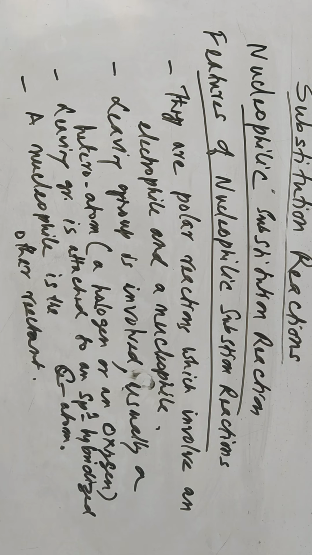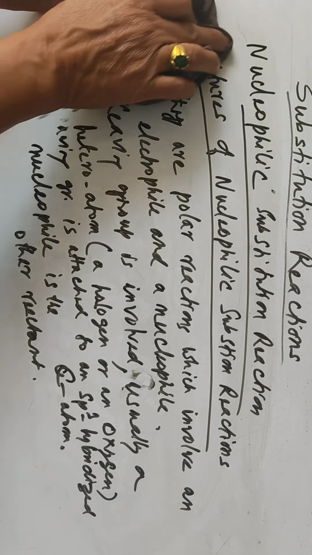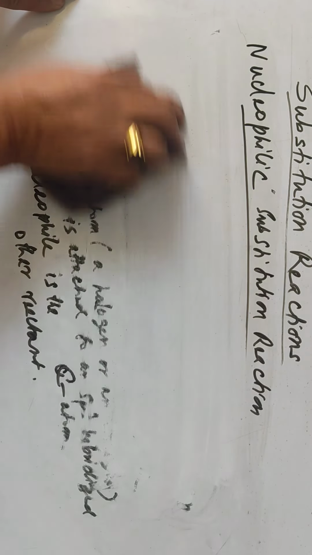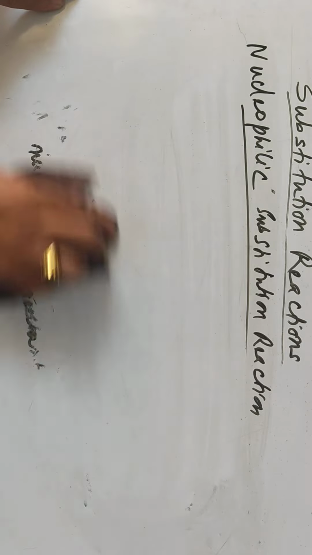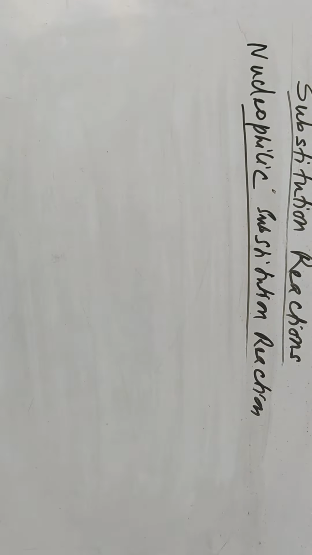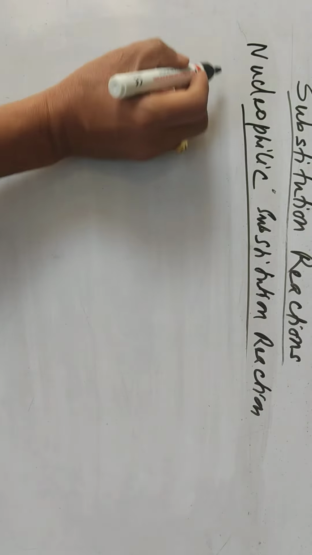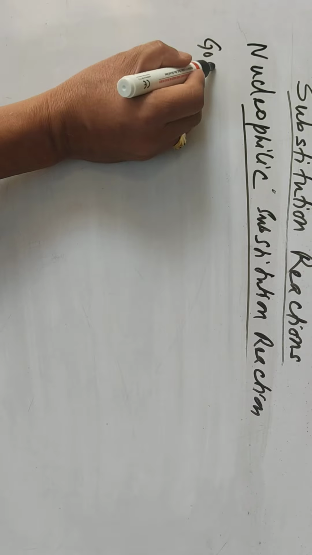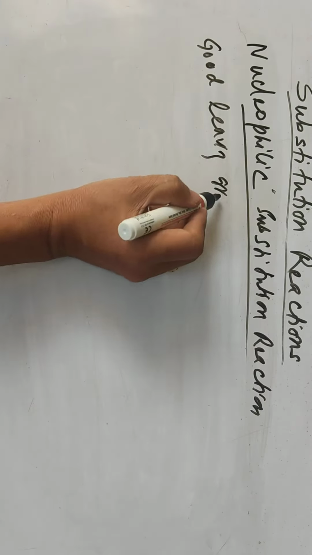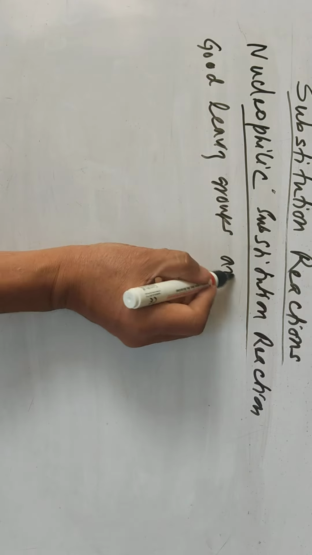Let us see what about the leaving groups. The feature of a good leaving group is that it should be a weak base. Good leaving groups are weak bases.